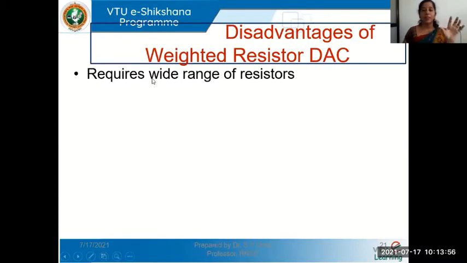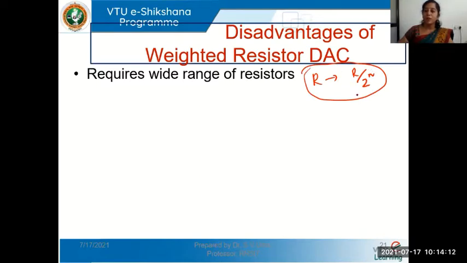And the range of resistors will go from R to R divided by 2 to the power of n. So the range is from very large to very small. And the larger this n value is, the smaller R by 2 to the power of n will be.